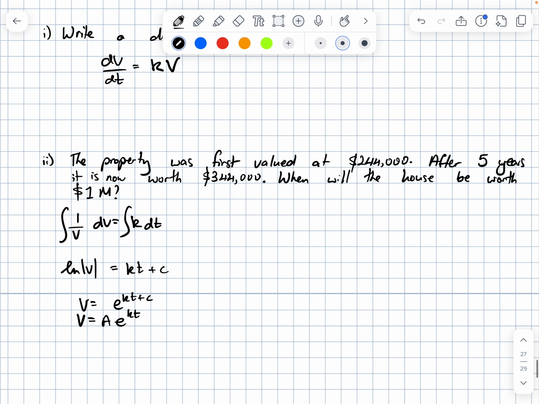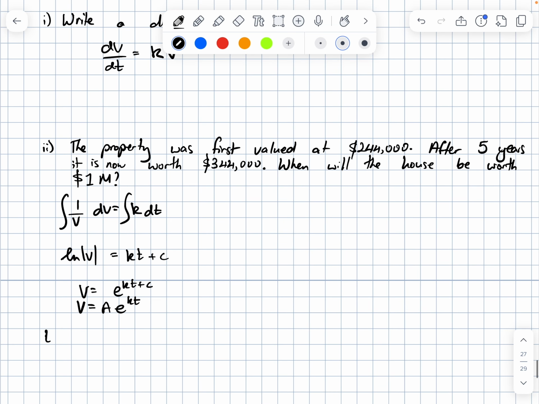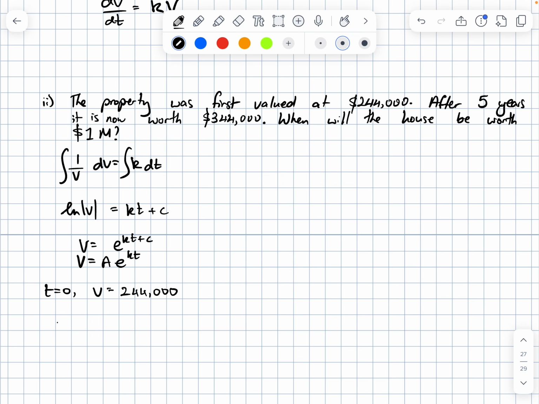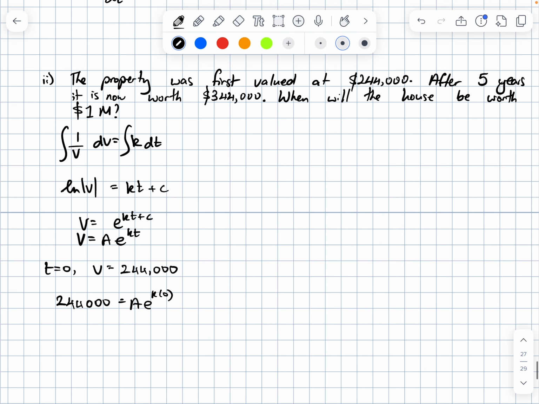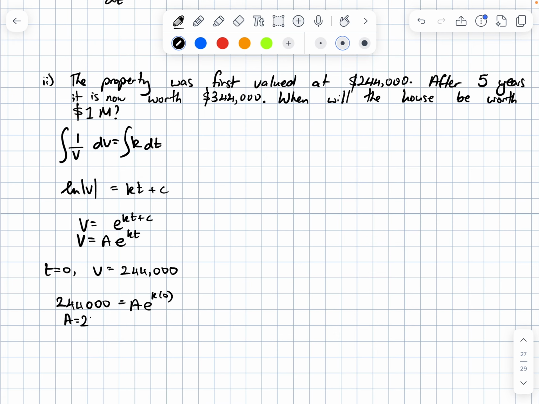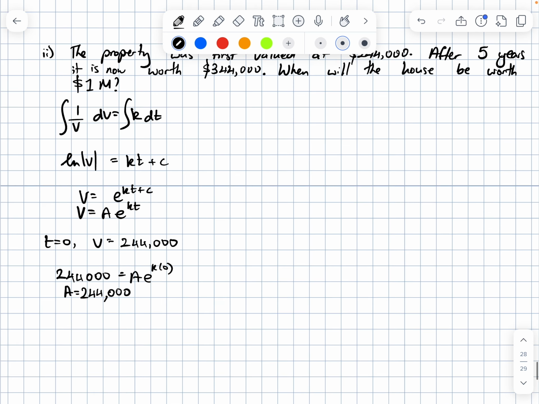We know it's first valued at $244,000, so when t equals 0, V equals 244,000. So substitute that in. We get 244,000 equals A e to the power of k times 0, which means that k will disappear. We're left with A equals 244,000. Again, the A is the initial value. So that means I have V equals 244,000 e to the power of kt.